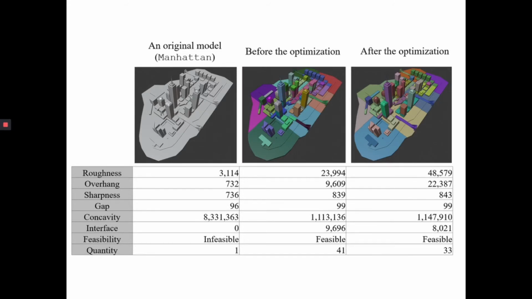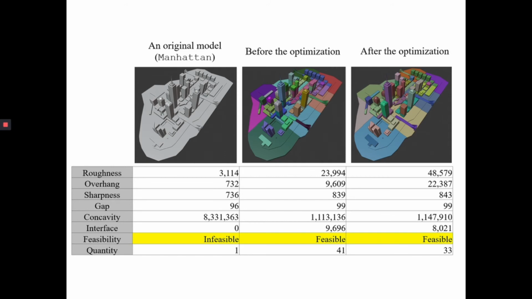In the GA-based optimization, we look for the optimal combination of the input parameters of VHACD to minimize the fitness function. In this example, we prepared a 3D model that is larger than a 3D printer. Therefore, feasibility is infeasible, which means that the part is larger than the limited space.